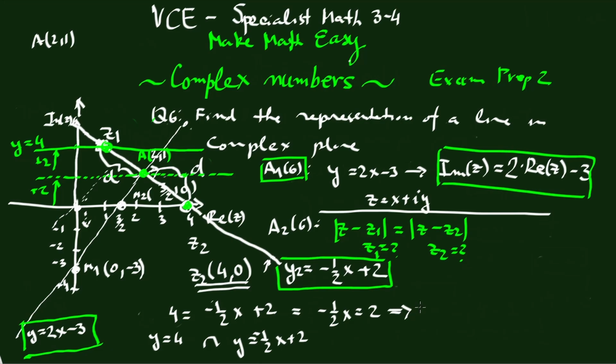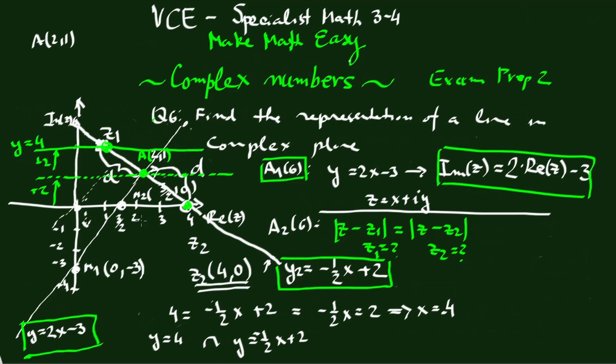x is equal to, multiplied by minus 1, so you get minus 2, and 2 goes there, x equals minus 4. So minus 4 divided by 2 is minus 2, and this minus is plus 2.